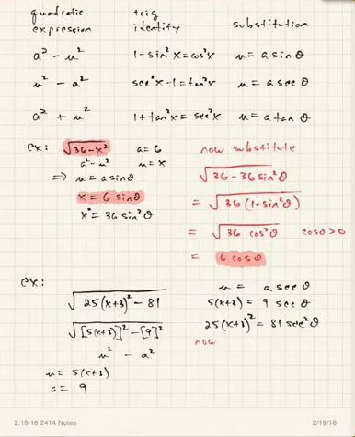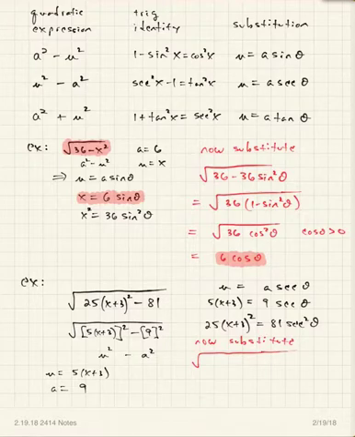And so now we substitute. And so we take our algebraic expression, and in place of that 25 times x plus 3 squared, we would write 81 secant squared, and that would be minus 81. And notice we've written all these so that the Pythagorean identities will help us.